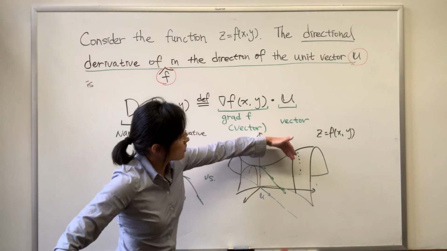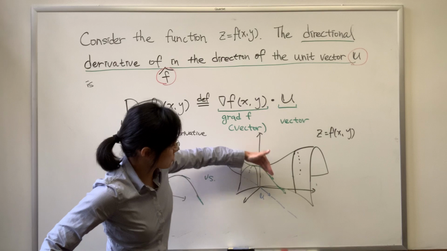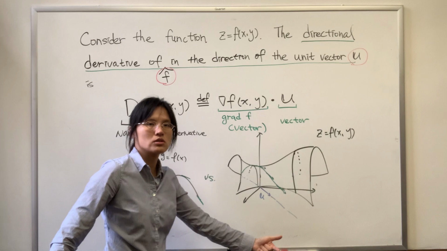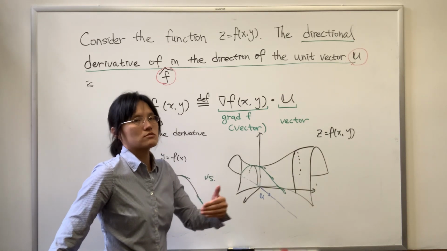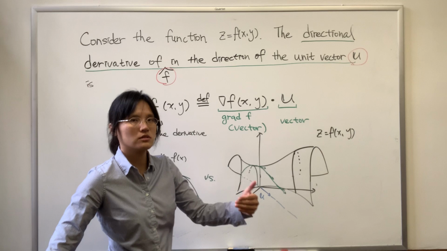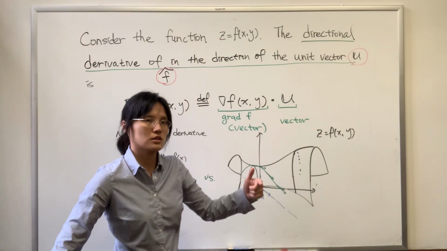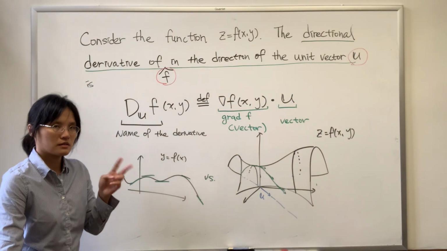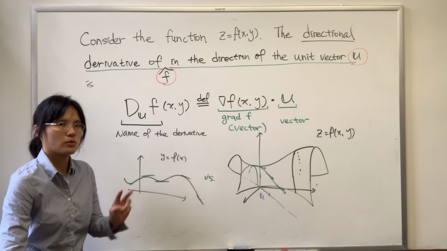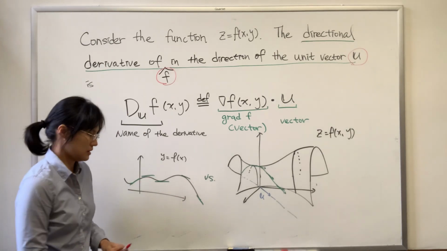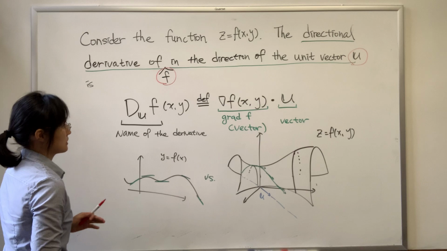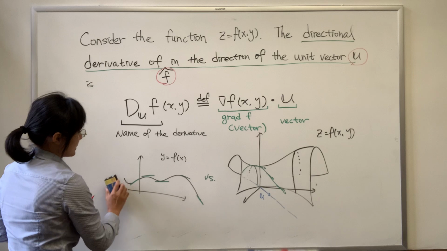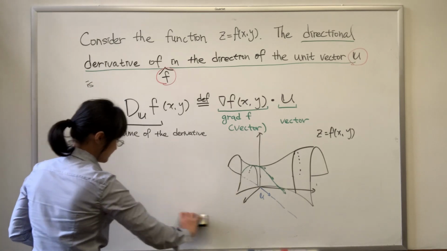Then I will restrict the surface onto a curve that's traveling along the u direction. So you need to give me u in order to say what is the directional derivative of f in the direction of u. These are the two ingredients you must have. Without one of these, you won't be able to find the right answer. And this formula tells you how to find it. Let me give you a quick example.